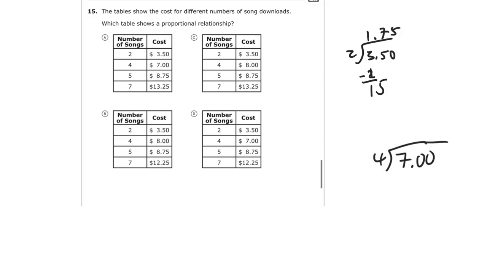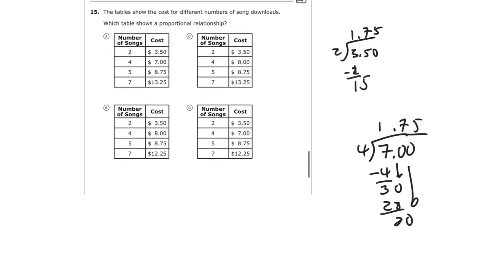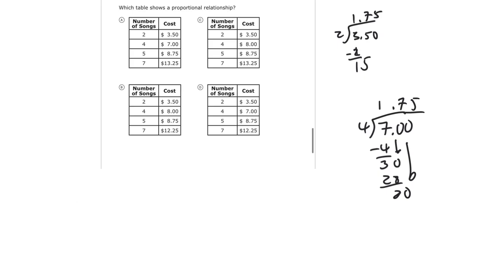We'll use decimals like that. We'll put a decimal up here. So 4 goes into 7 how many times? Once. And then you would subtract and then drop that down. Then that would be this, right? You'd have a 28, and then you would drop that down, and that also would be $1.75. So it's actually looking really good right now, right?